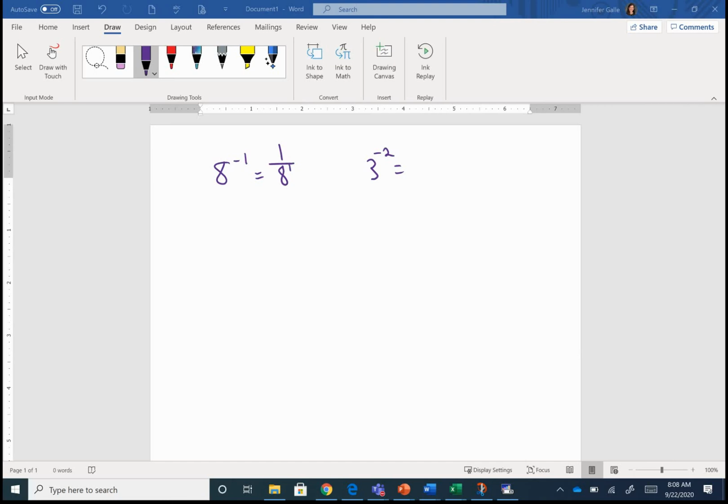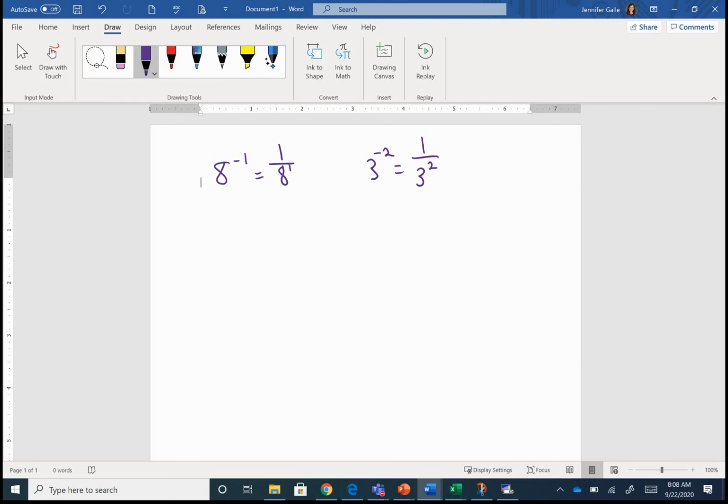So 3 to the negative second. To make that exponent positive, we move it to the bottom. The 3 and the 2, guys, they stay together. Some of you wrote the 2 in the top and the 3 in the bottom. The 3 and the 2 stay together.